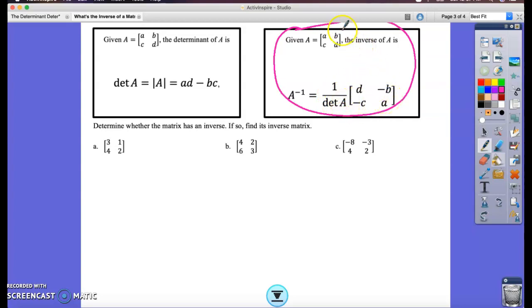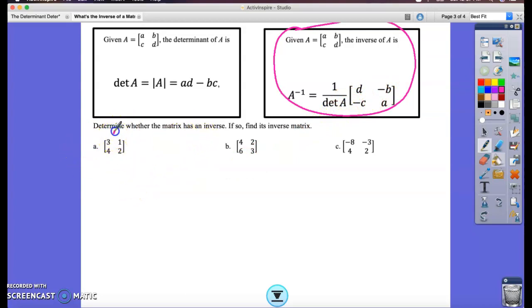Now, if you notice, those entries are not in the same position. What ends up happening is the first diagonal changes position, so D goes where A was, and A goes where D was. And the second diagonal simply changes signs. So if it was positive, it'll now be negative. If it was negative, it'll now be positive. So let's put this into action so we know what's going on.